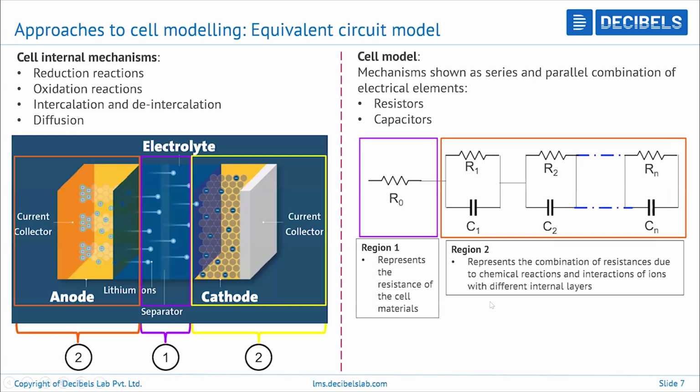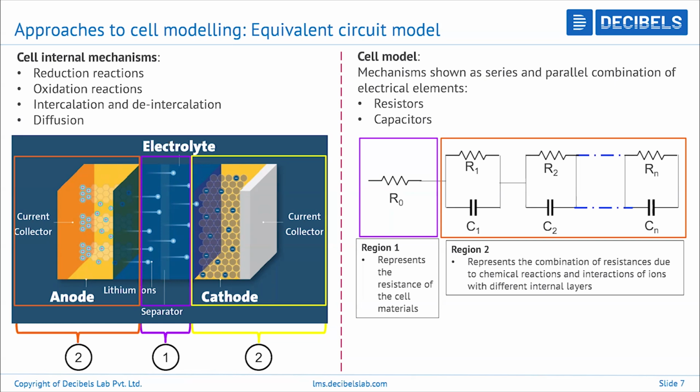And we begin with our focus for equivalent circuit model, because PNGV model is actually a part of equivalent circuit model. So it is important to see which part of the cell is modeled how. On the left side, you can see there are different mechanisms. The major mechanisms are being shown here.